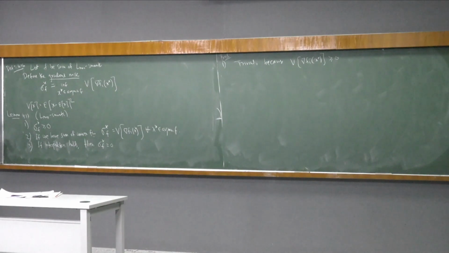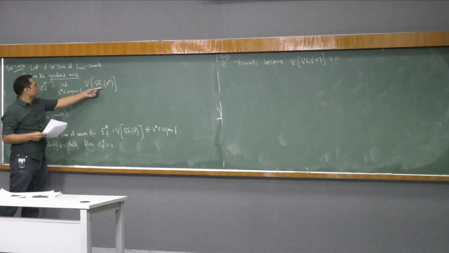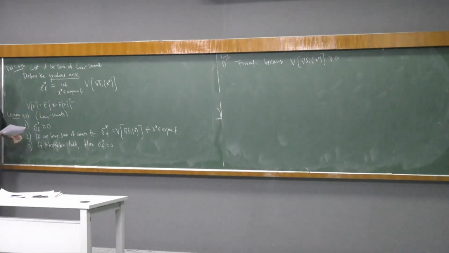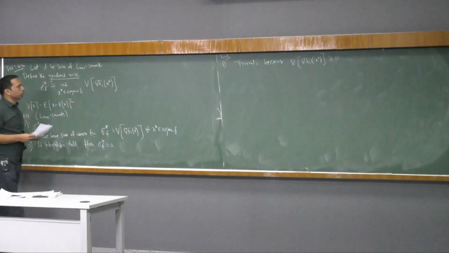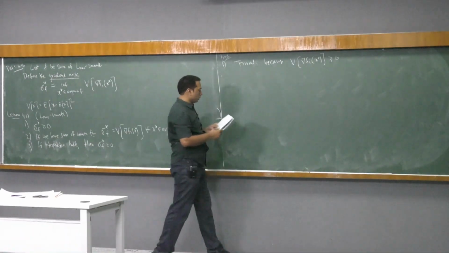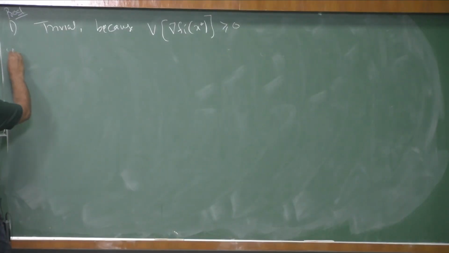So each of these are non-negative, and the infimum of non-negative numbers is non-negative, right? So overall you are supposed to take the infimum too, but the infimum of non-negative numbers is non-negative, so that's done. Second one we can try to prove.